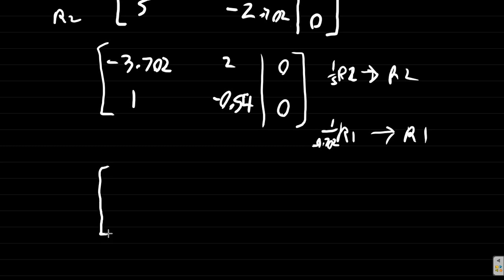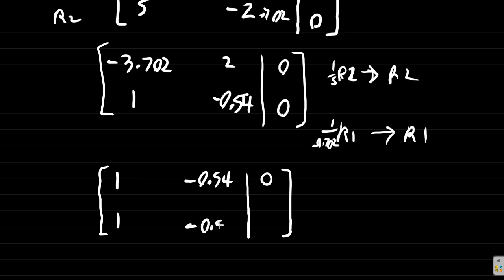When we divide negative 3.702 by itself, we get 1, and then 2 over 3.702 gives negative 0.54. When we divide 0 by it, 0 remains as it is. We have 1, negative 0.54, alright, and 0 is here. Now here, you see, both rows contain the same things as expected.